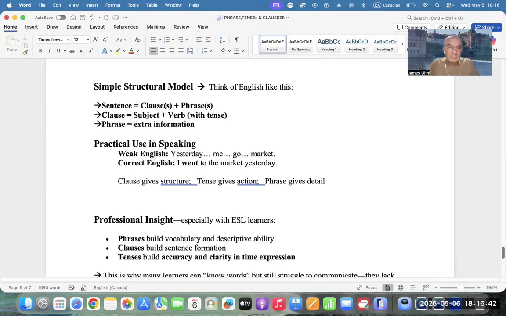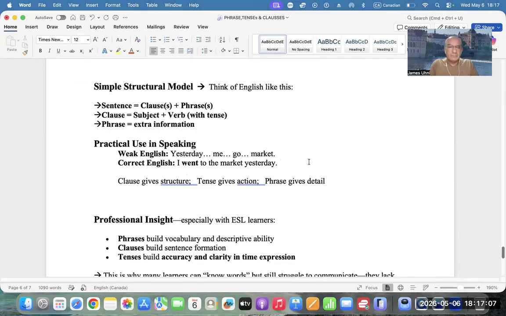Practical use in speaking. Weak English: yesterday me go market, teacher toilet, teacher to go toilet. So correct English: I went to the market yesterday. Teacher, I need to go to the toilet. Teacher, can I go to the toilet?